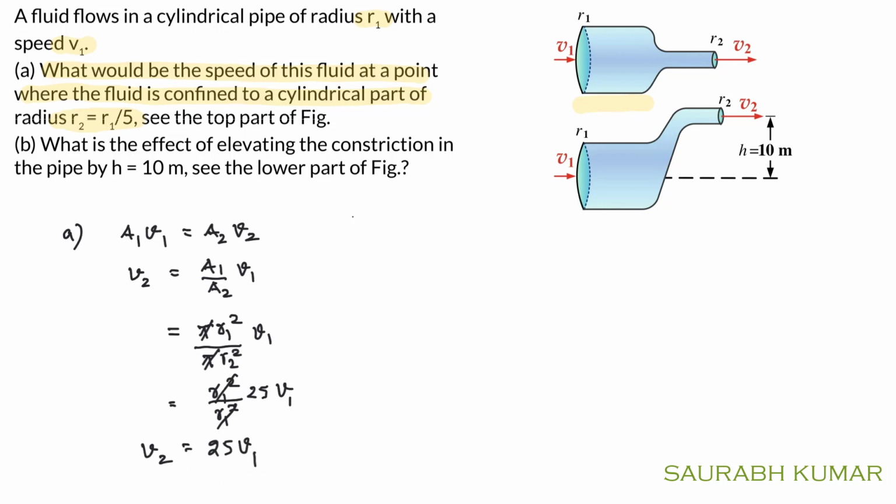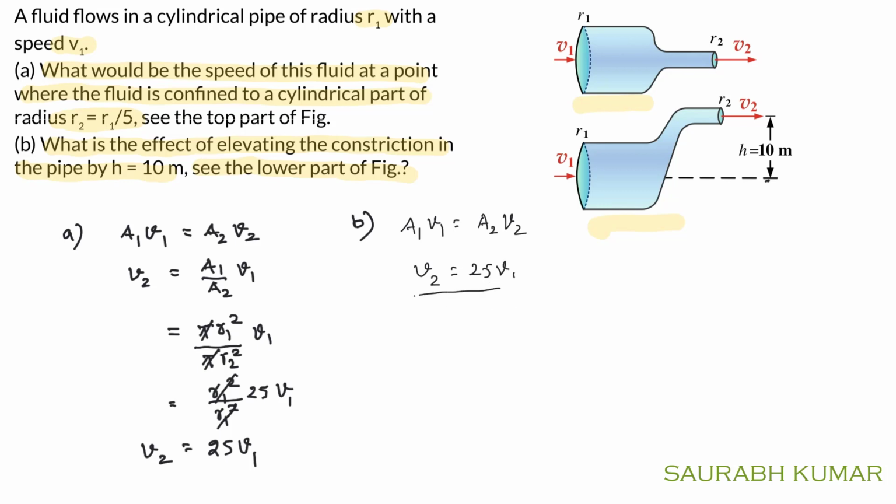As far as part B is concerned, what is the effect of elevating the constriction by h equal to 10 meters? See the lower part of the figure. As discussed in the previous case, this change of altitude is not going to alter the equation of continuity. So this equation remains the same. As a result, V2 remains 25 V1.